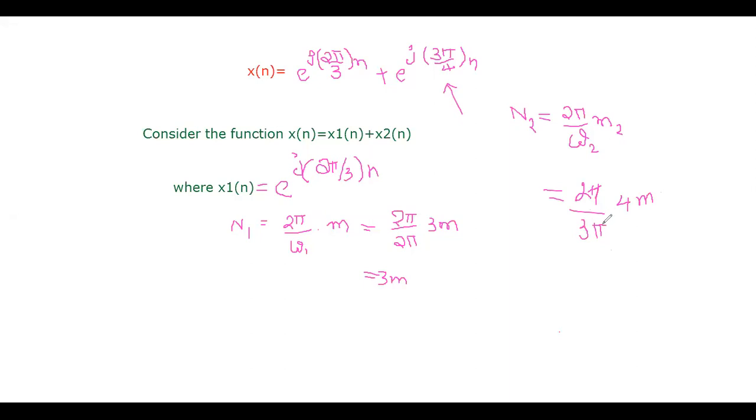So here cancel this one. So what you will get? You will get 8 by 3 multiplied by m here.